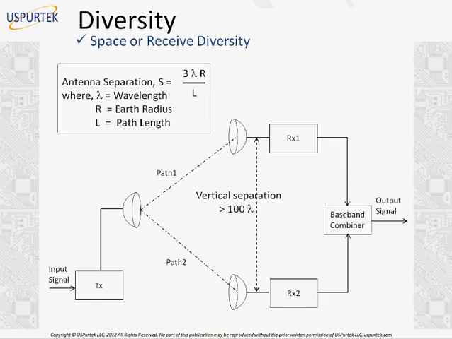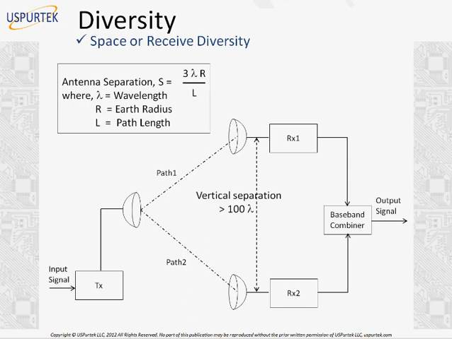In the next slide, you see a formula for antenna separation. It's a classical formula which can be used when designing such a system for space or receive diversity. There's a question: isn't the vertical separation actually half wavelength? Well, the half wavelength applies in a different situation. It means the minimum distance between two antennas cannot be less than half wavelength, but you can definitely have more than half wavelength. We are keeping it 100 times the wavelength, so that's an entirely different thing.